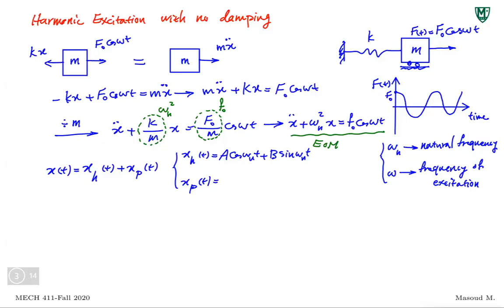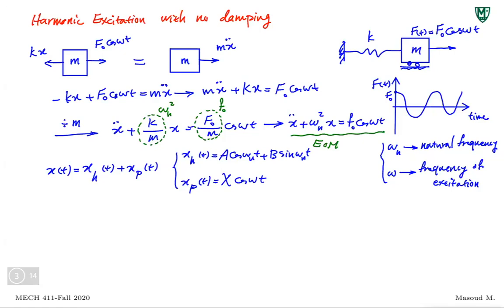Since it's a harmonic function, the suggested solution should also be a harmonic function in a similar form. So I suggest the solution X cosine omega t. Pay attention: the homogeneous part has omega n.